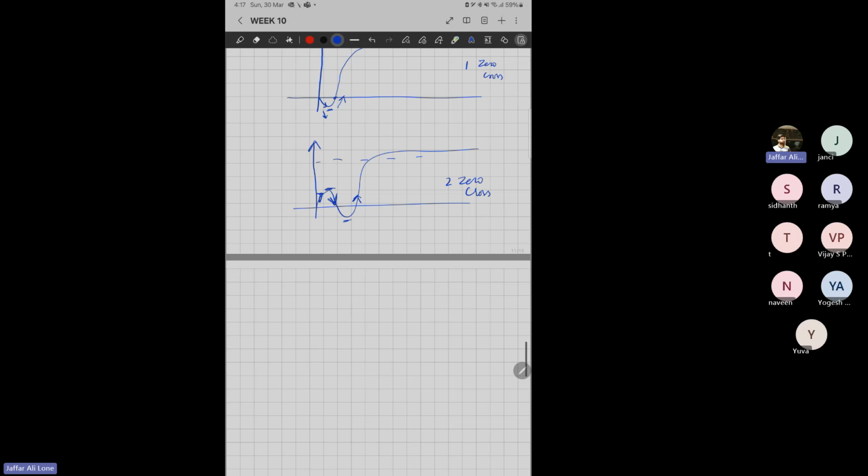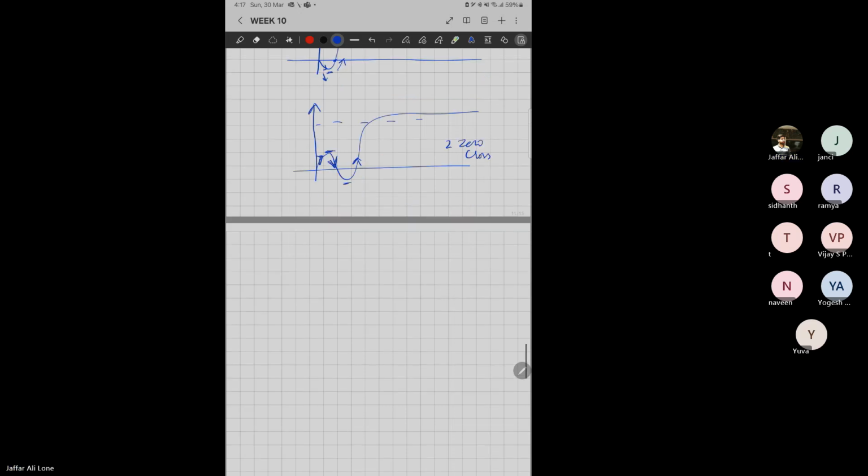Now see another question. The question is, what is the time at which the first zero crossing occurs?